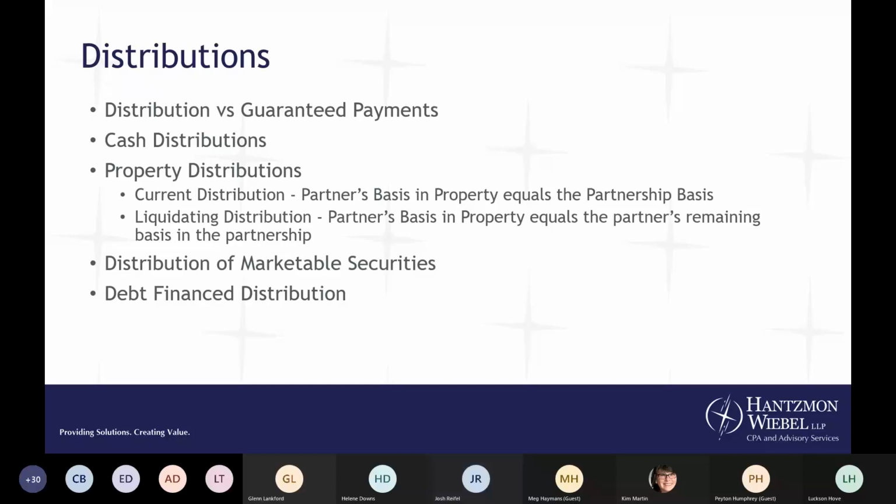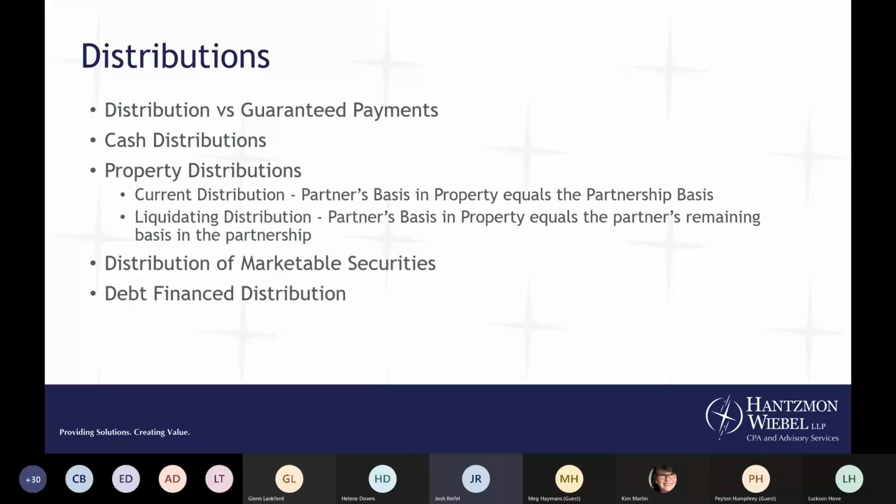If the partnership has a rental real estate property and they have a mortgage that has a remaining balance of $500,000, and it's 2020 and the mortgage interest rates have dropped to near historic lows, so they decide, okay, let's go ahead and refinance this loan, take some cash out, and so they refinance the loan for $1 million. All right, so now they've paid off the original loan and they've gotten an additional $500,000 in cash.